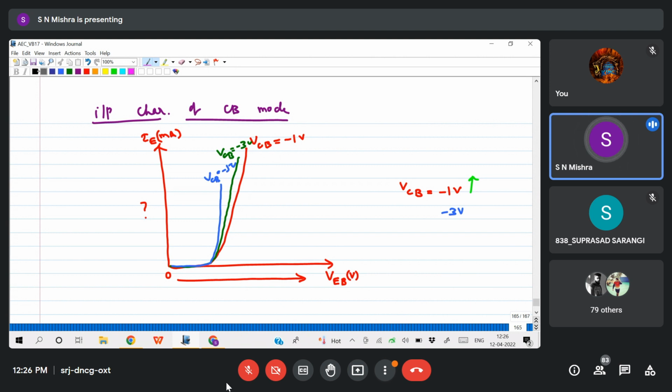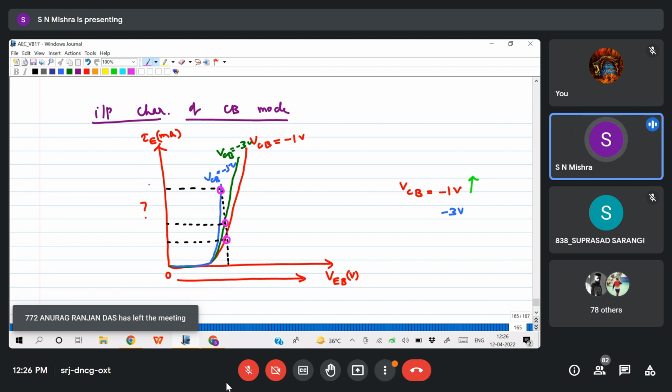Those who are a little confused, you can see for a particular voltage. Suppose I want to plot the current at a particular voltage. See here, this is the point where it is meeting.